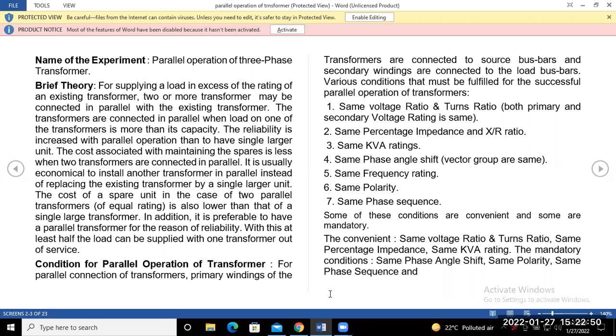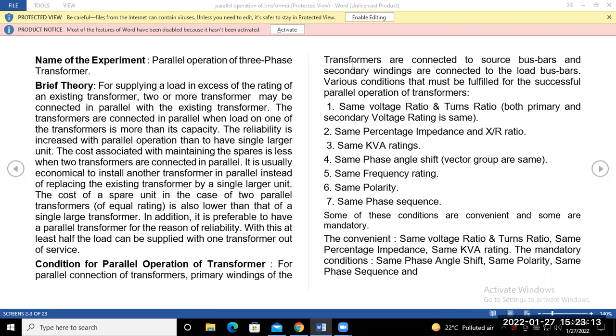Any other advantage for increasing the capability of power supply? Sir, if one transformer shuts down, we can run the load from the other transformer. Exactly.